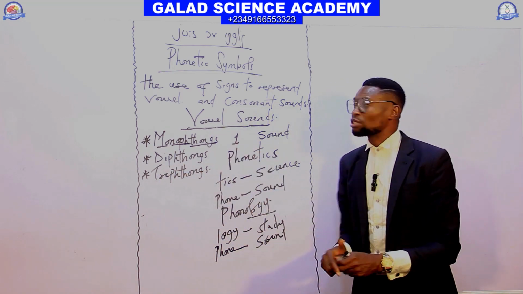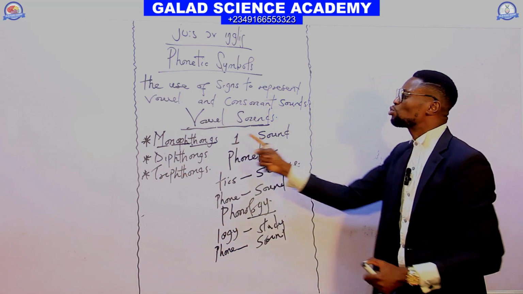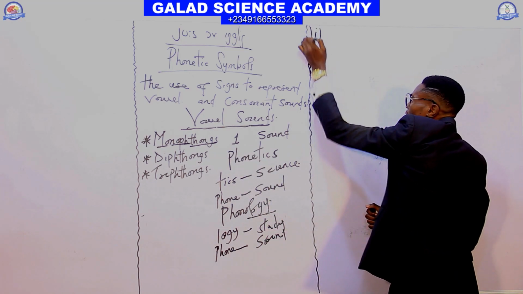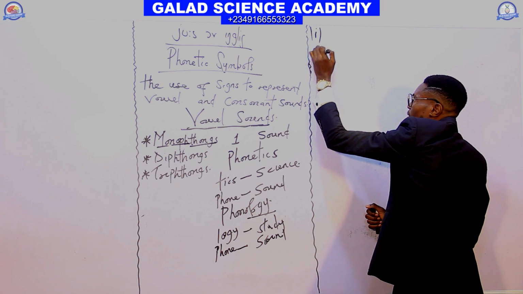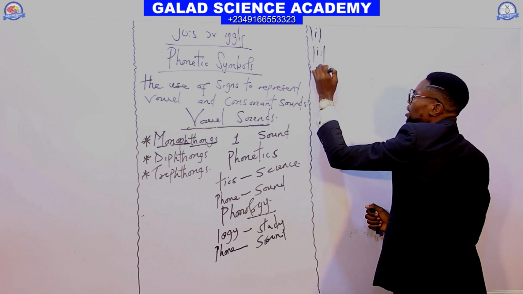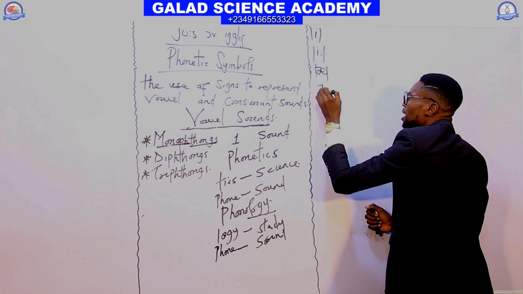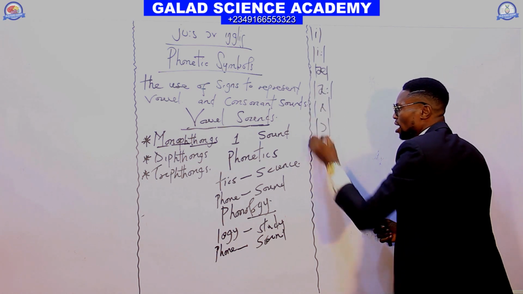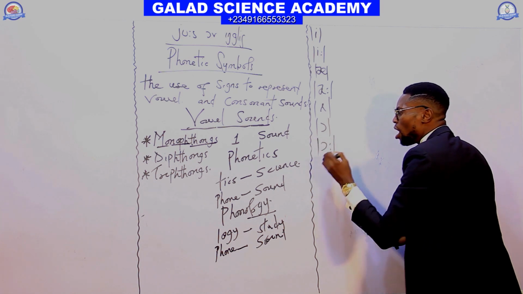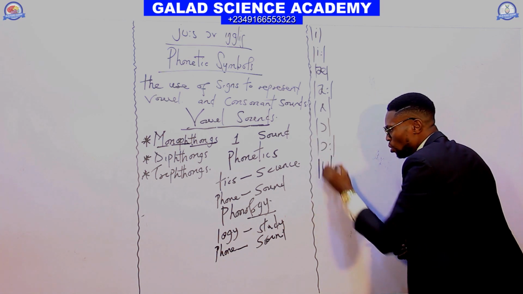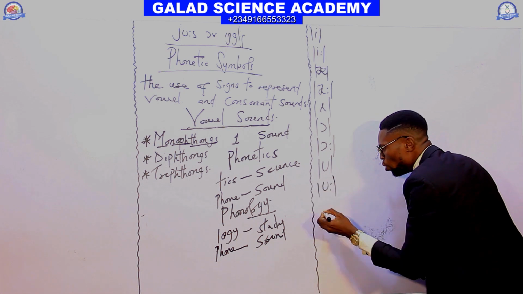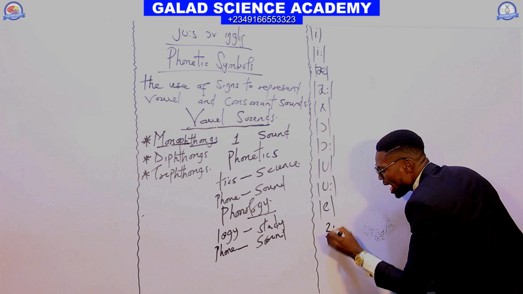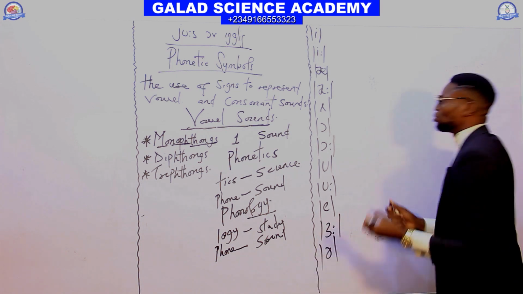These monophthongs we are talking about, I said, there are 12 of them, which include the following: I, E, A, A, A, O, O, U, U, E, and the schwa sound.